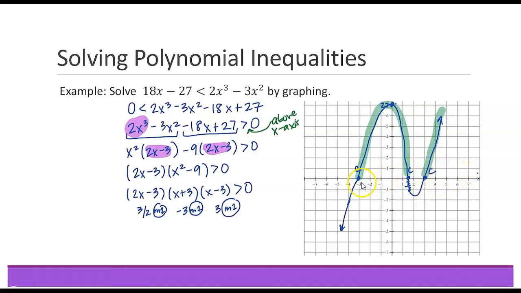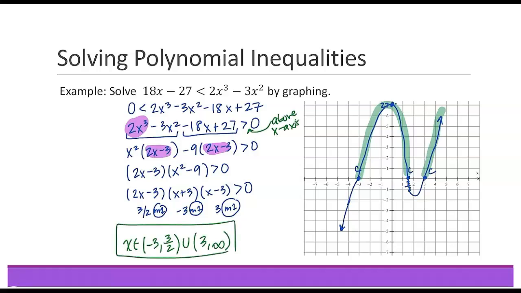So that's why we really need the x-intercepts. That's where we can possibly change from above to below the x-axis. So let's describe these intervals: from -3 to 3 over 2, open, when I'm greater than, not greater than or equal to, and 3 to infinity.